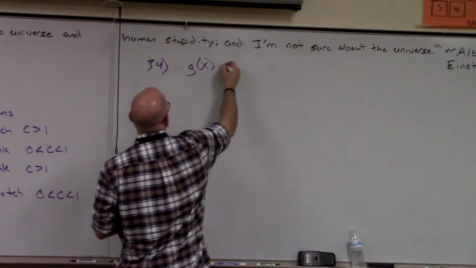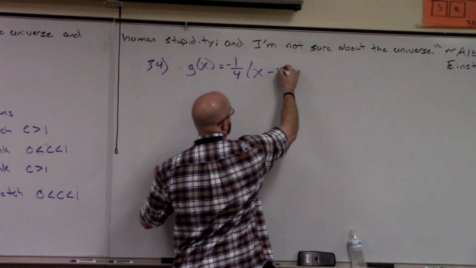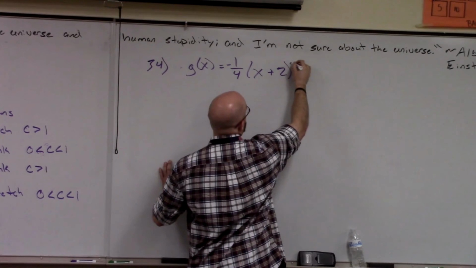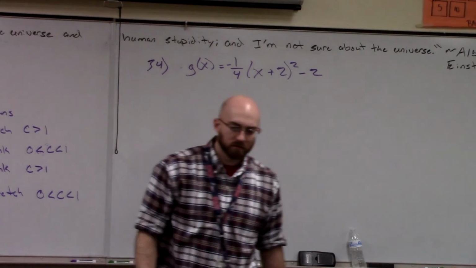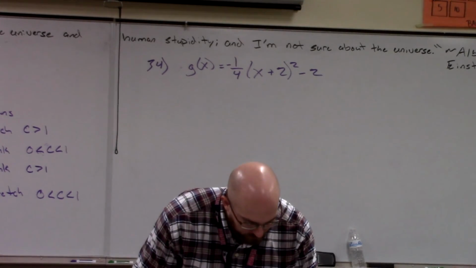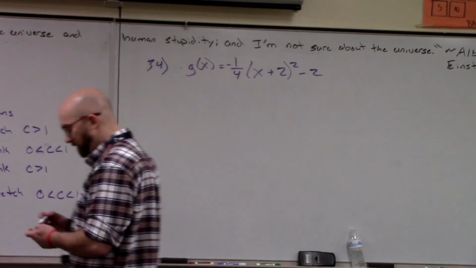I believe that's negative 1/4, x minus x plus 2 squared, minus 2 at the end. Okay, try it. You guys do it first.